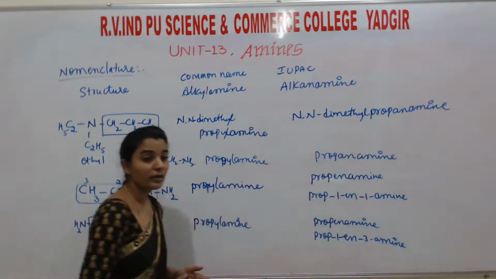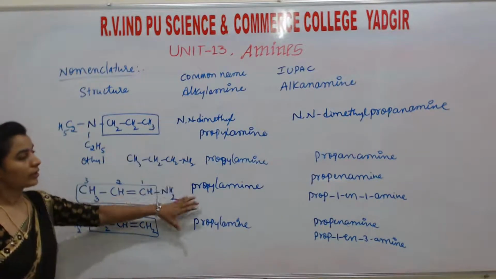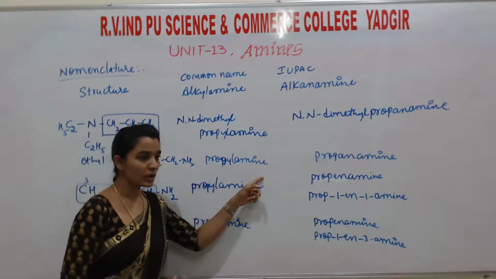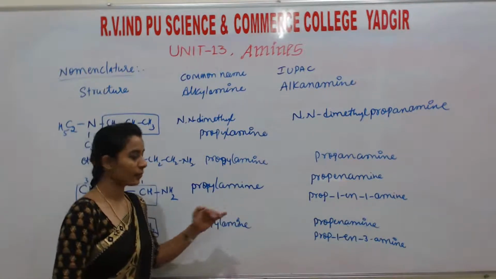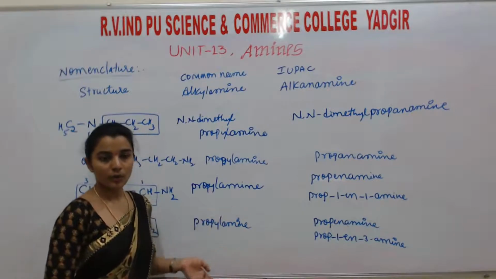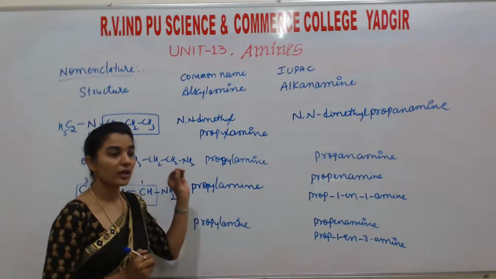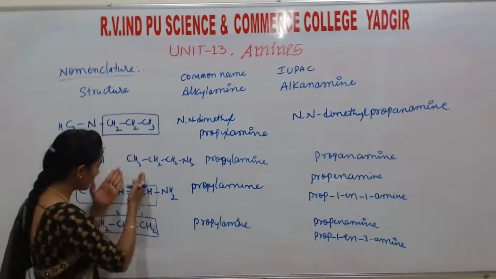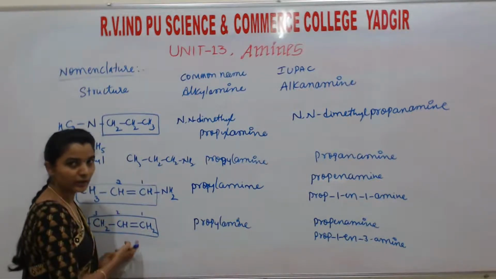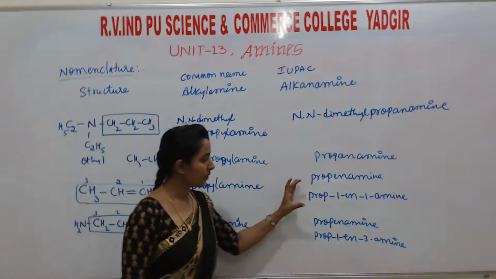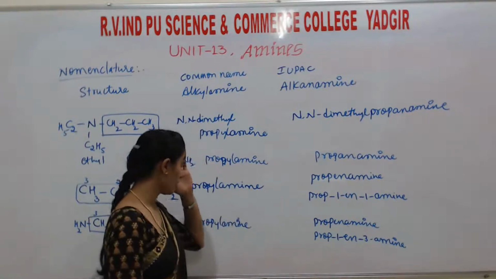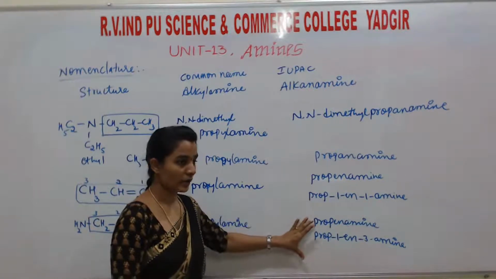Okay, students, why are we not using this common name, why have we preferred this IUPAC name? Listen, this is called propylamine, this is also called propylamine, this is also called propylamine. By the common name, we cannot distinguish all the compounds. So this is different, this is different, this is different, correct? That's why, to give the proper name of the compounds, we use the IUPAC name.